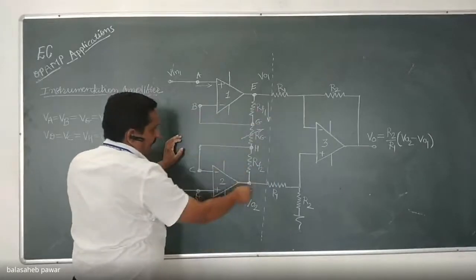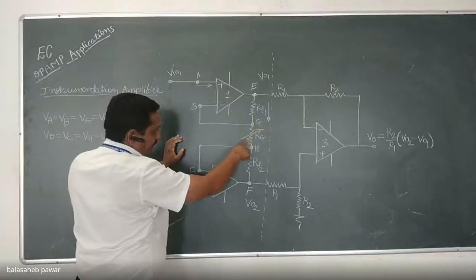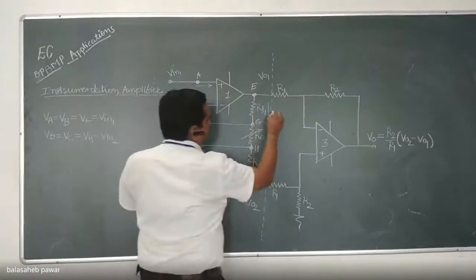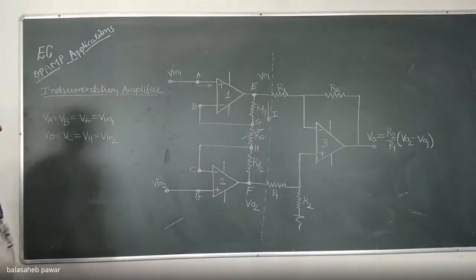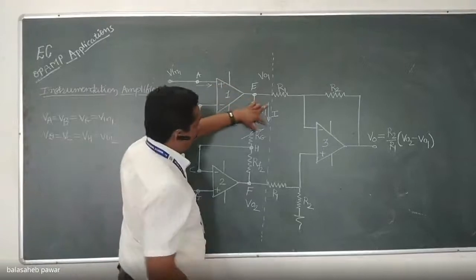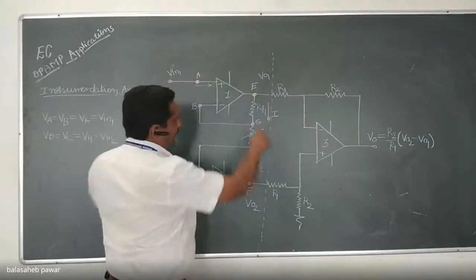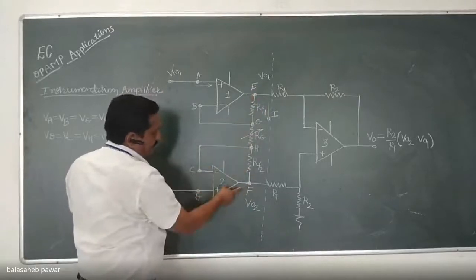Now, consider there is a flow of current through the series combination of these three resistors, that is RF1, then RG and RF2. Consider that current as I. How much will be the value of that I?